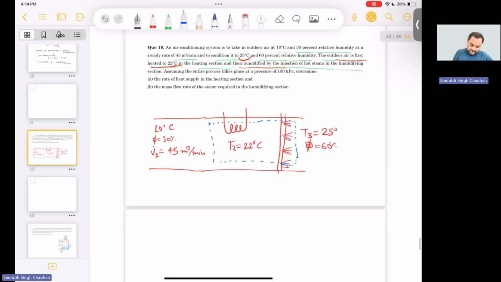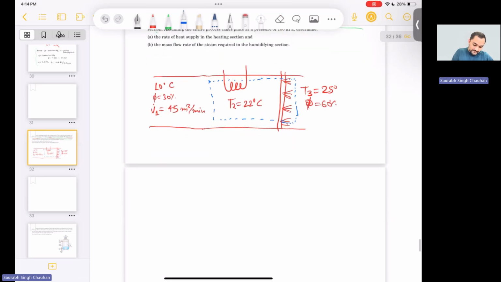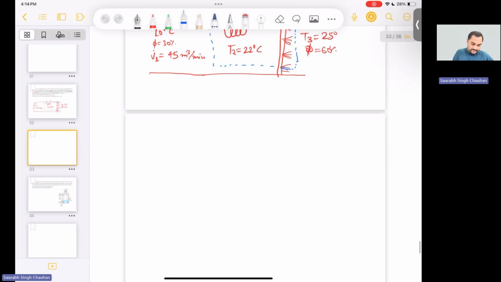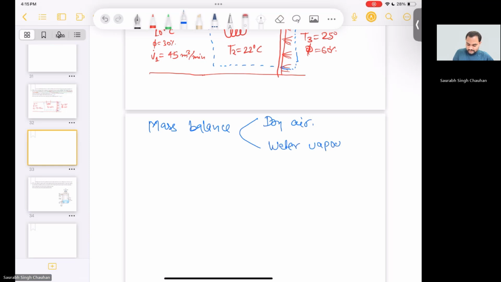What we need to find is the heat supply and the mass flow rate of steam required in the section. How will you find it? You will use the mass balance for dry air and water vapor, and you can use the energy balance.